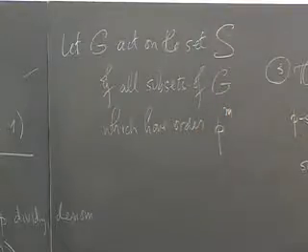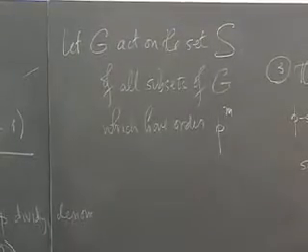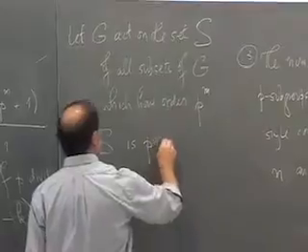We're trying to prove there's a subgroup of this order, but we don't know that. We can certainly find subsets of that order, because this order is less than or equal to n. And the number of subsets of that order is this binomial coefficient. So we've just shown that the number of elements in S is prime to p.